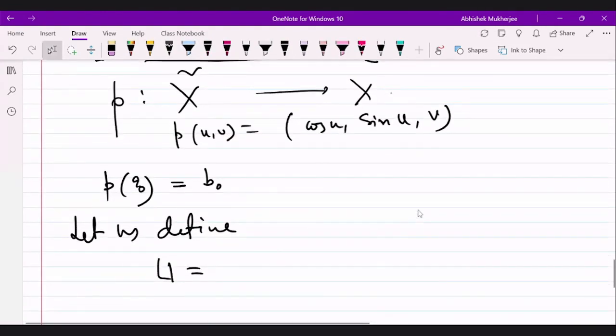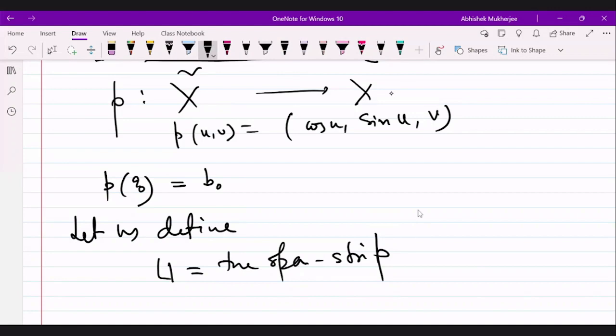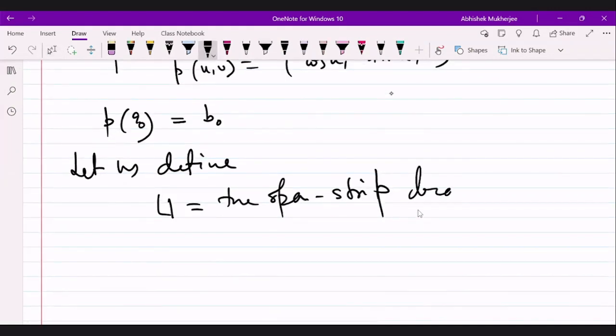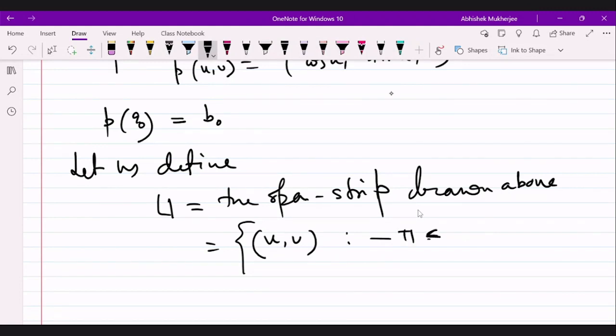That means the open strip drawn above. That means you are looking for those coordinates such that minus pi is less than u less than pi.